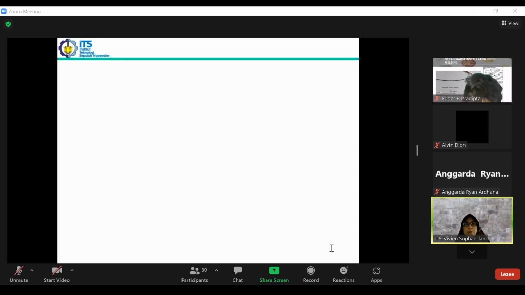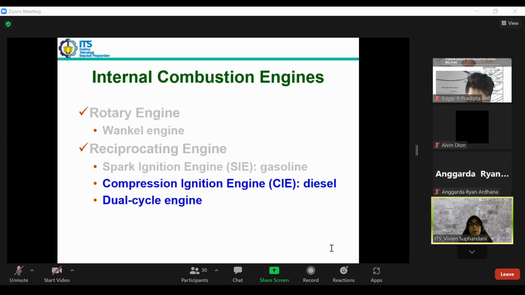Okay, so we are going to talk about the diesel engine and also the dual cycle engine. You have learned both in thermodynamics, the second thermodynamics.